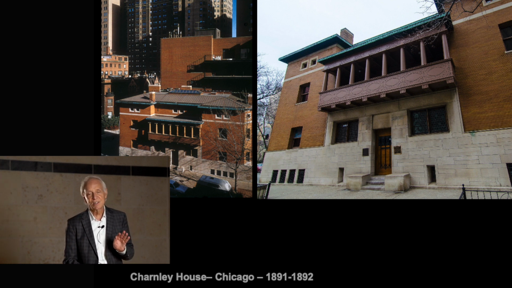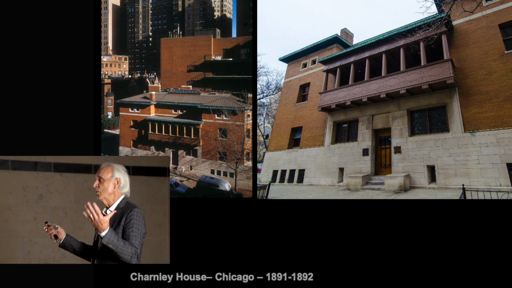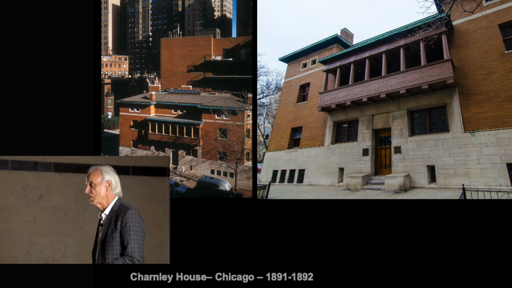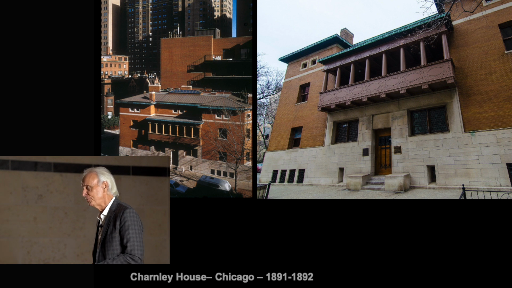This is not that crazy, florid, exuberant, look how rich I am, Victorian architecture that you could see all over in Boston. You could see all over in New York or Philadelphia. Wealthy people building these great piles of Victorian ornamentation.